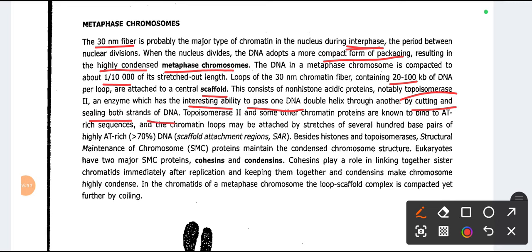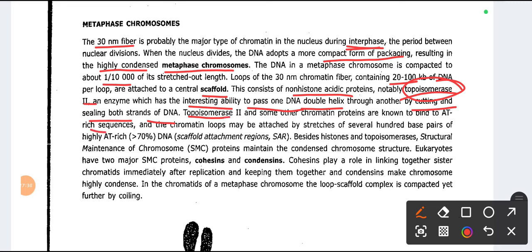So when each loop of 20 to 100 kb of DNA is attached to the central scaffold containing topoisomerase 2, there is a nick, and one strand can pass through another by cutting and sealing.